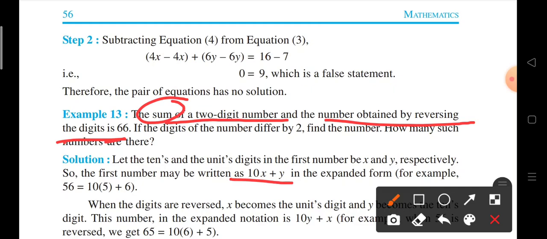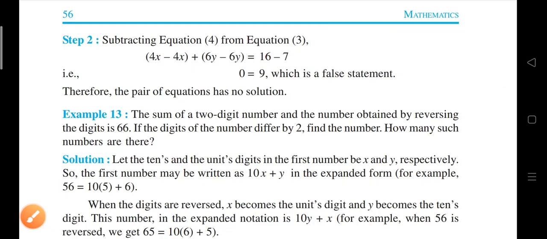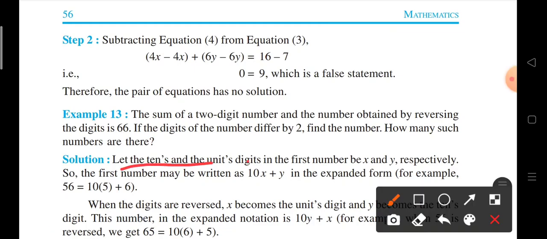and if the digits of the number differ by 2, the difference of the two digits is 2. Find the number and how many such numbers there will be. Let the tens and the unit digit in the first number be x and y respectively.